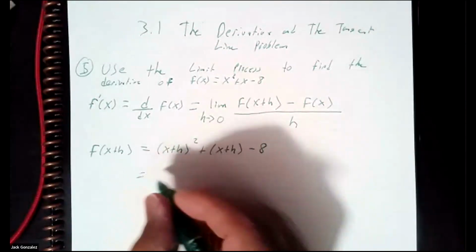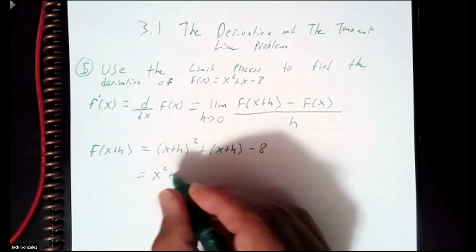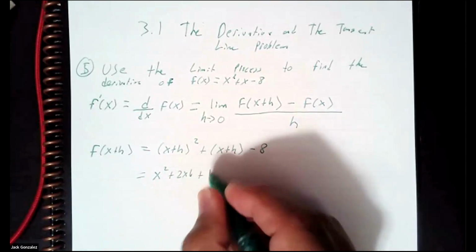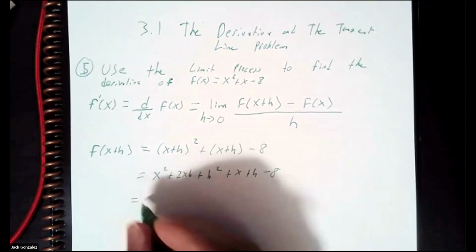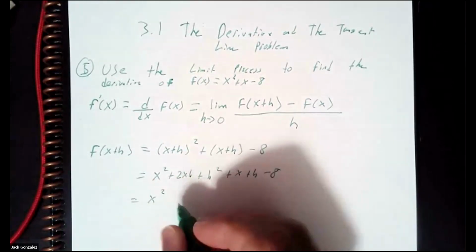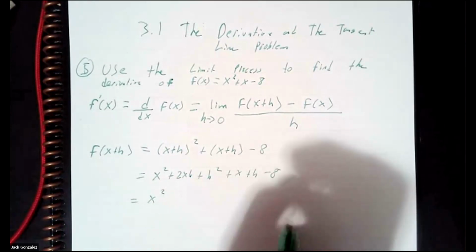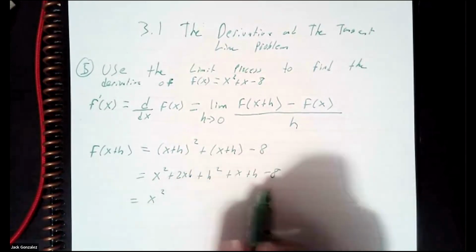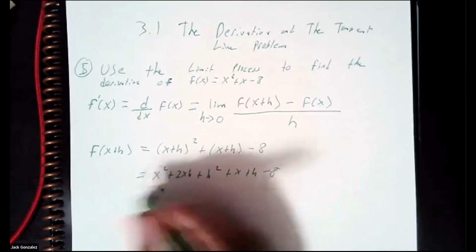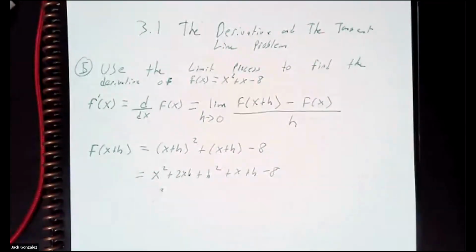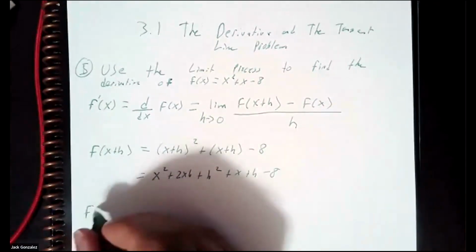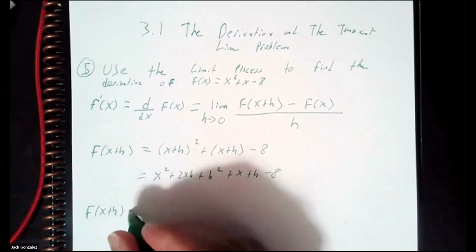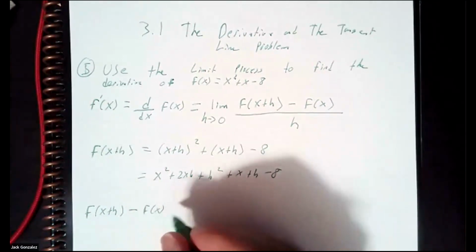Okay, so this becomes, let's skip a little algebra. Let me know if you're curious. Actually, there are no like terms here, so that is it. Okay, so now the next piece: we subtract f of x from f of x plus h.